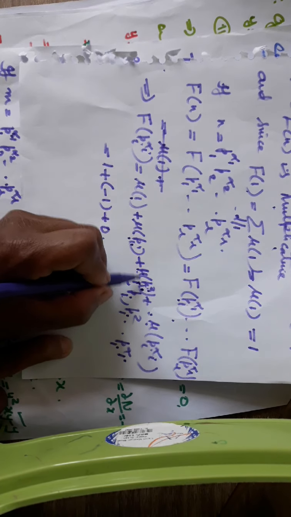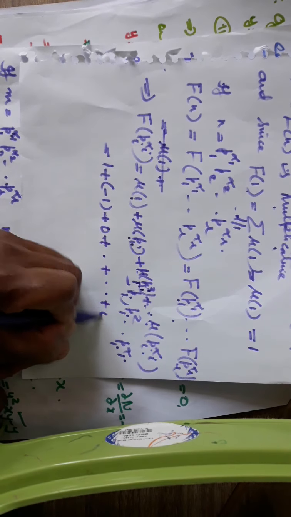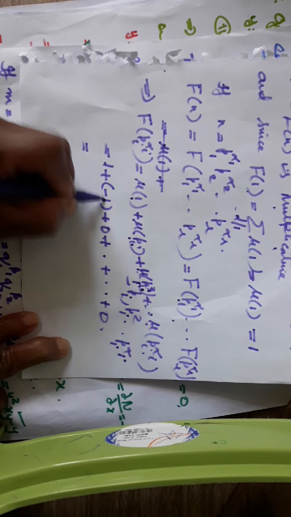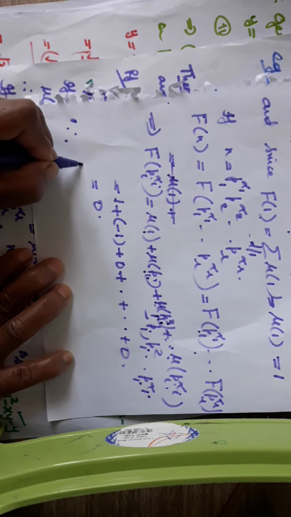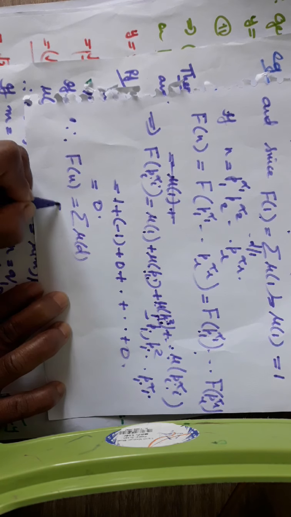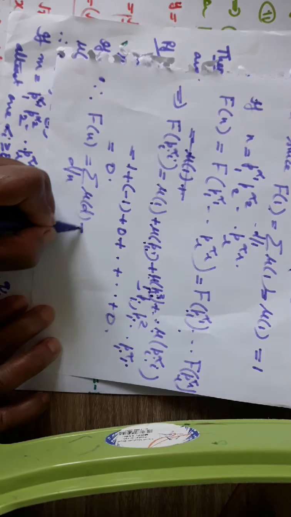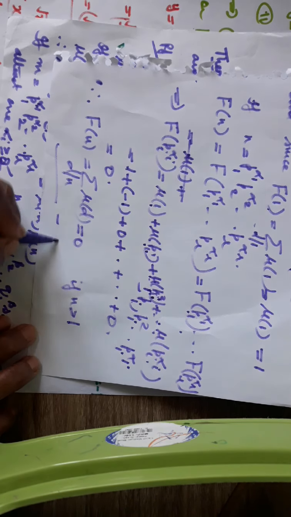So from mu of pi square onwards, it will be 0. The sum will be 1 minus 1, which gives you 0. Therefore F of n, which is defined as the summation of mu of d where d runs over the divisors of n, will be equal to 0 if n is greater than 1. So this completes the proof.